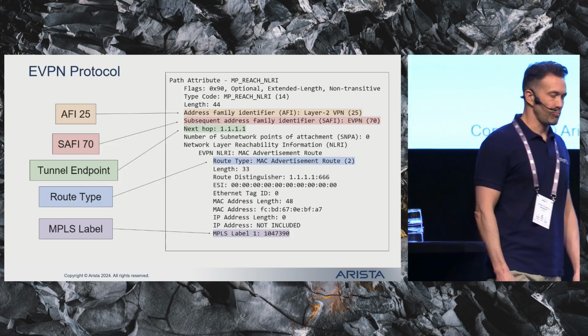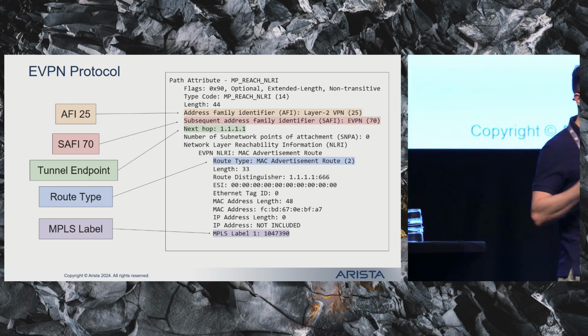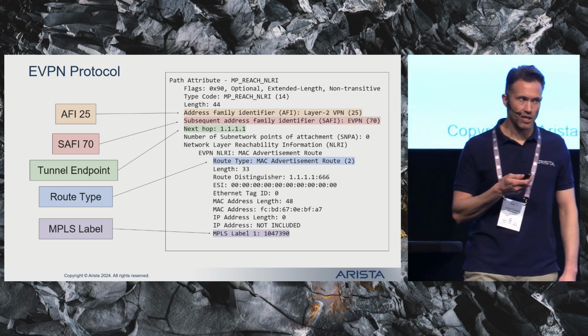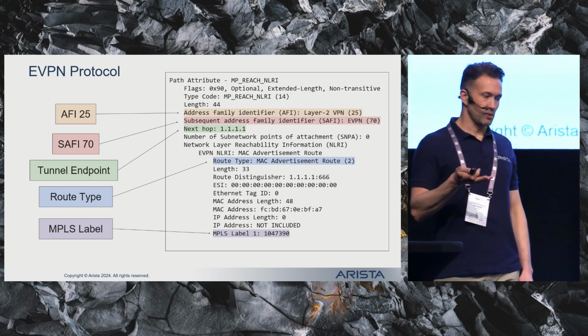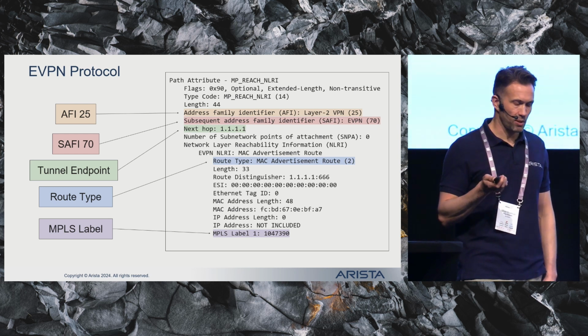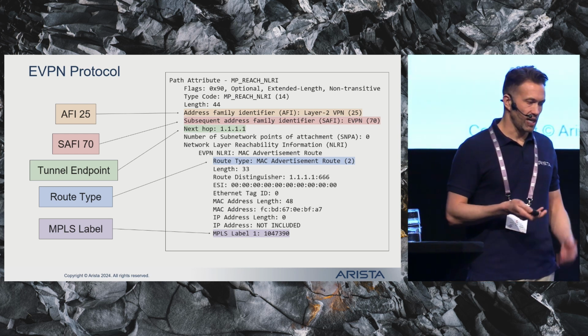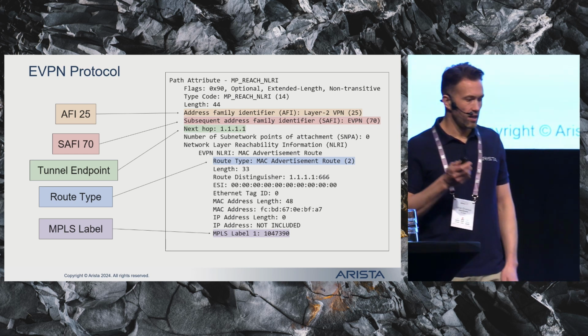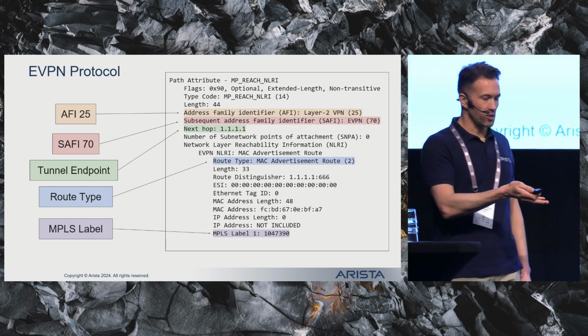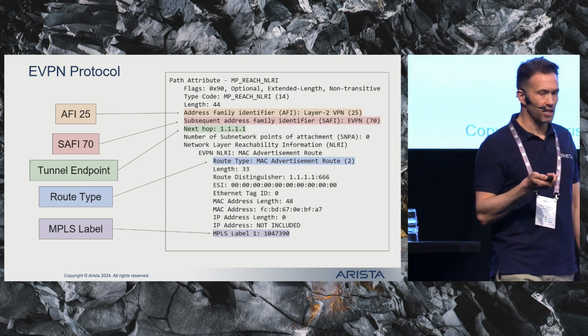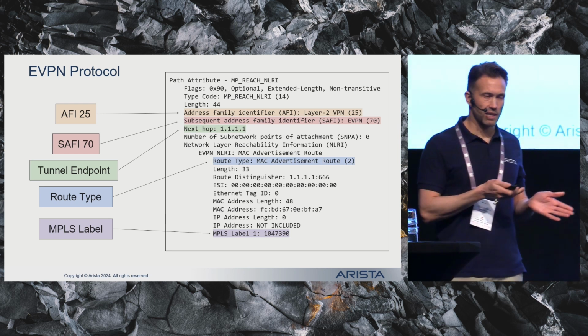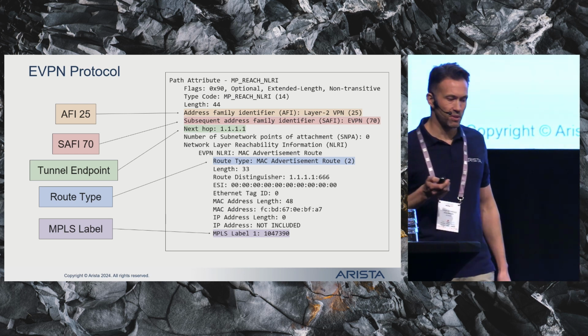Looking at a BGP EVPN update for a MAC advertisement, we see that the address family is 25, which represents the layer 2 VPN. So same as for VPLS. The new sub-address family is 70, representing EVPN. And this, as shown here, is, as I said, a MAC advertisement, right? Which in EVPN lingo is a route type 2 update.